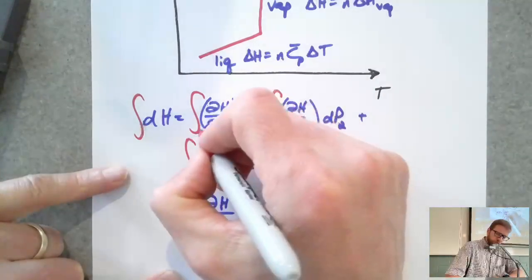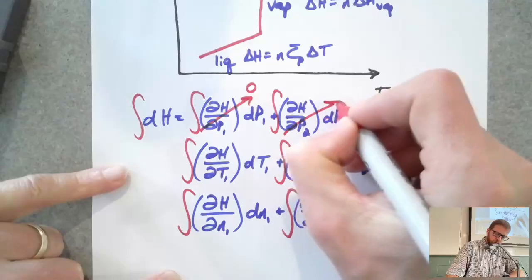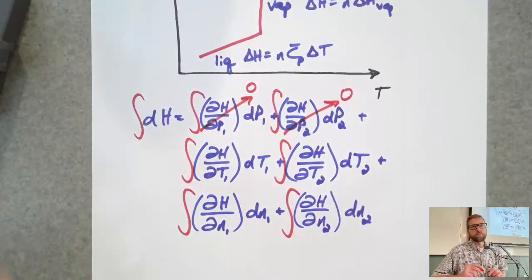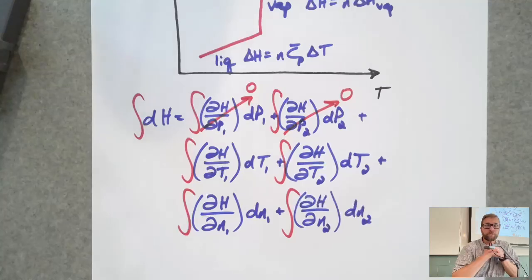Those turn out to be 0 because we're not changing the pressure. Now, this is not true if you're working in a refrigeration cycle. If you're doing a refrigeration cycle, then you've got a change in pressure, a change in temperature, and a change in moles, like how much of the gas versus the liquid you have. But for a lot of things, you're just boiling water, pressure is not changing.